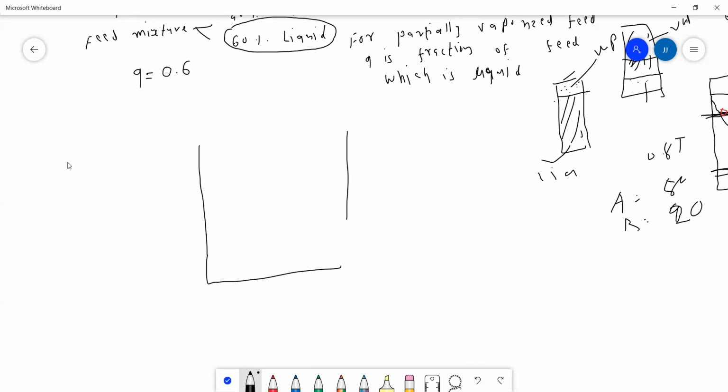That equation of the Q line is y is equal to minus Q divided by 1 minus Q into x, plus xF into 1 minus Q. Actually, it is a zF.